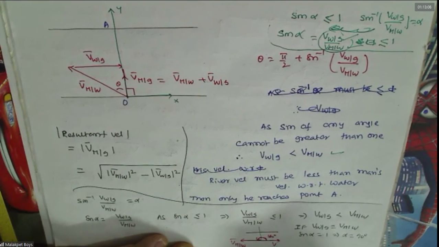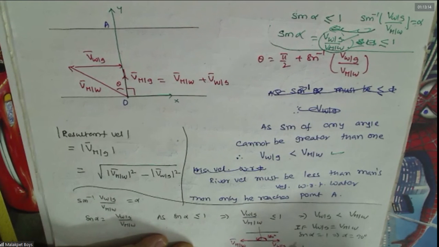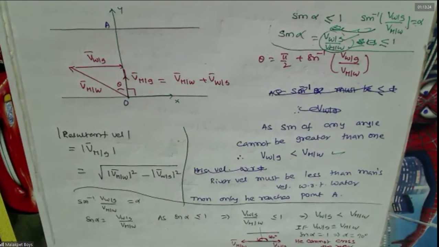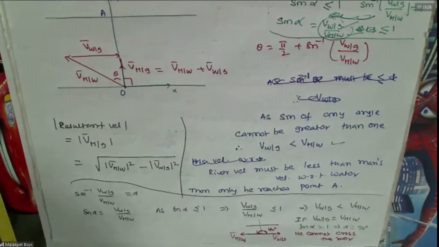This is the velocity of water with respect to ground. He cannot reach. He cannot cross the river only. So there should always be some theta. Understood this? Is it clear or not? Clear, sir. Most of the things are common sense. We have to use it.